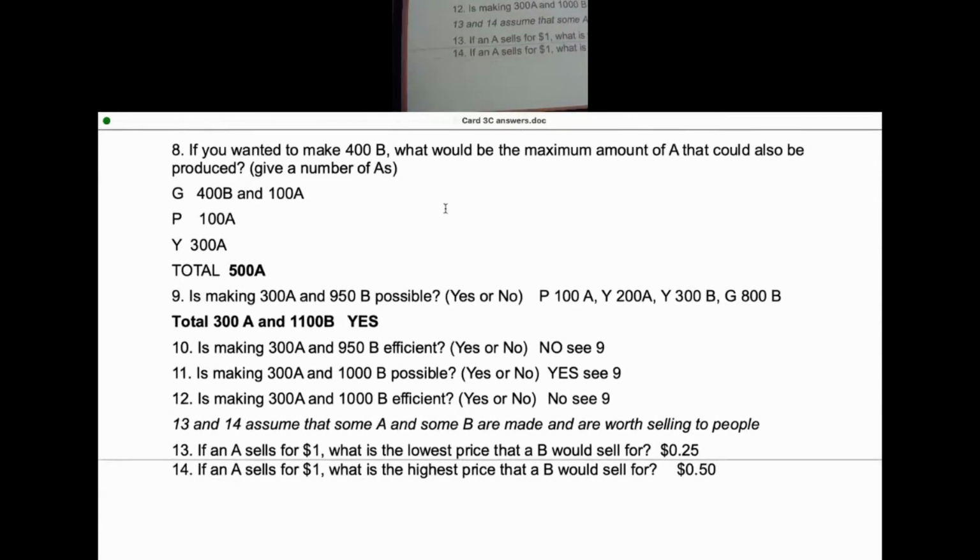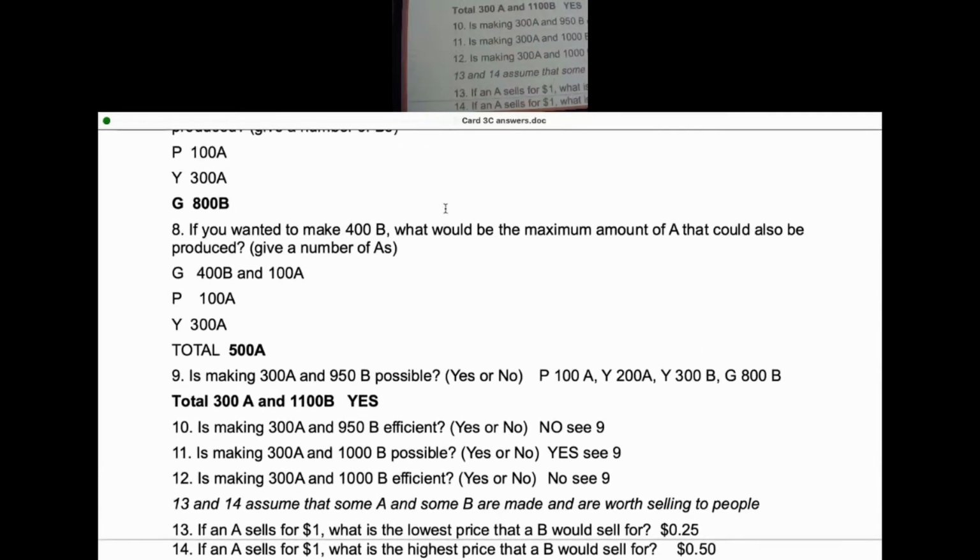So 1/3 of the amount of B that they can make is 1/3 of 900, which is 300B. So purple is making 100A, yellow's making 200A, but they have enough left over to make 300B. And then green's going to do nothing but make B, because they have a comparative advantage in making B anyway.